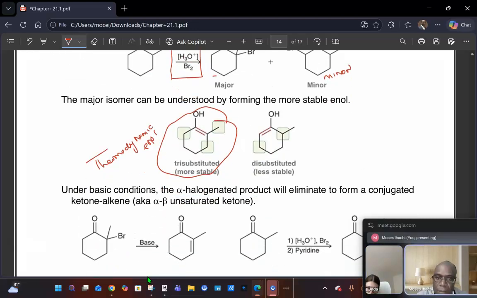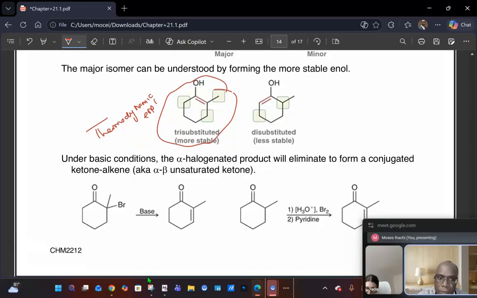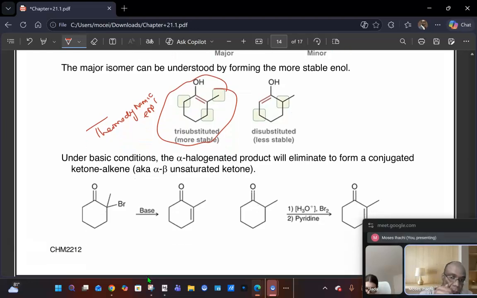Yes, yes, yes. But that one can be dictated if we were using another reagent beyond your scope. We don't have another reagent in acidic conditions in your scope that will give you the one on the left.